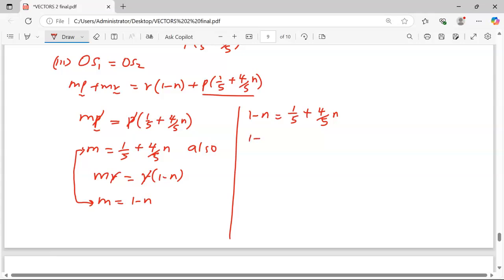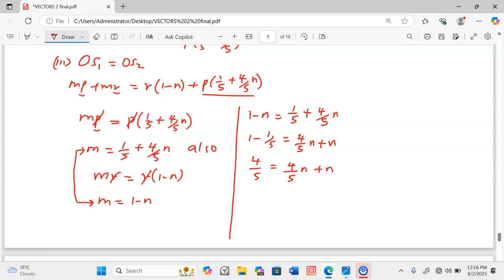We are going to have 1 minus 1/5 being equal to 4/5 N plus N. 1 minus 1/5 will give us 4/5 being equal to 4/5 N plus N. We can multiply all through by the LCM, which is 5. 5 and 5 will cancel, giving us 4 being equal to 4N plus 5N.